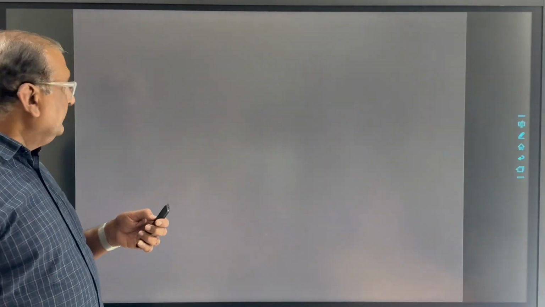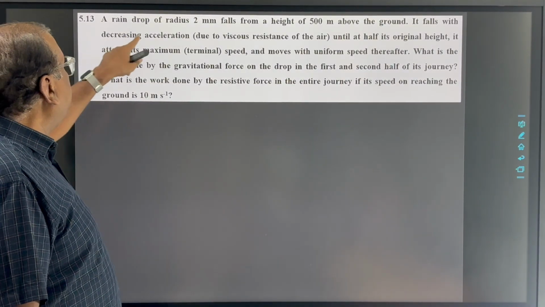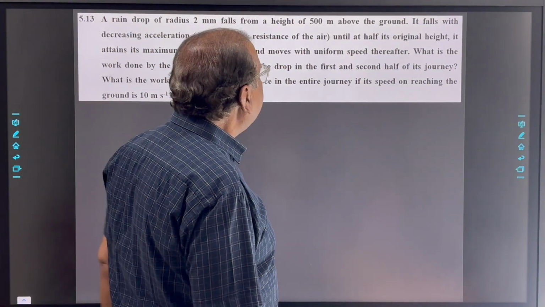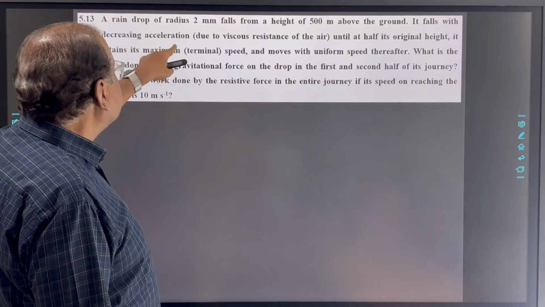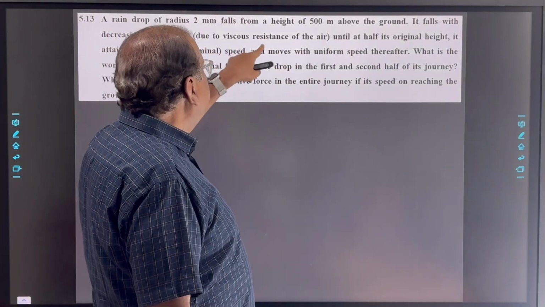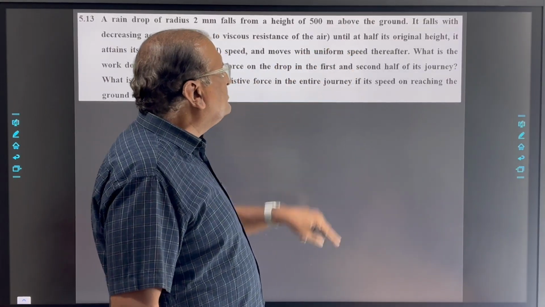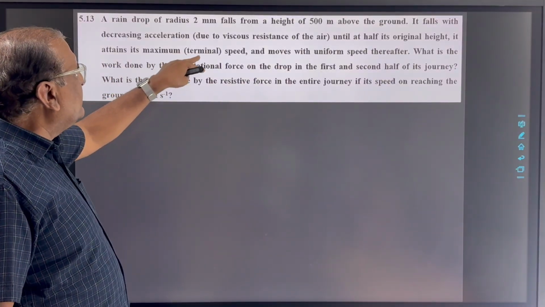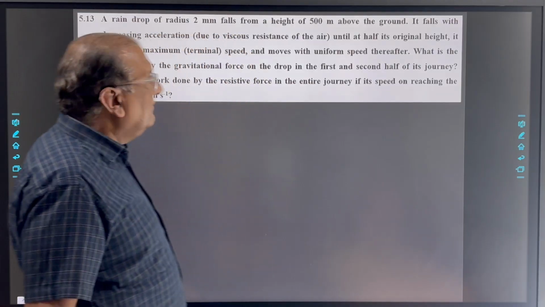Clear? Now exercise 5.13. A raindrop of radius 2 mm falls from a height of 500 meter above the ground. It falls with decreasing acceleration due to viscous resistance of the air until at half its original height it attains its maximum, means terminal speed, and moves with uniform speed thereafter.